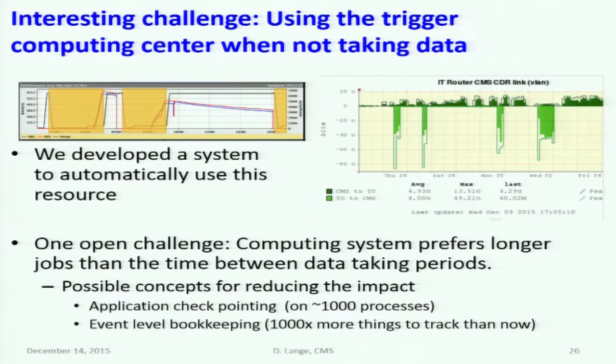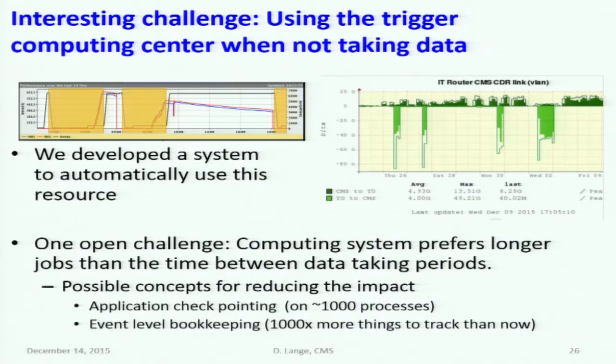So basically asking 10,000 processes, stop, save your state, such that I can get it back later, but do that very quickly, in a few minutes. The other way to improve our efficiency would be if we could do event-level bookkeeping. That's to say, knowing how to keep track of where 1,000 events per second, over a few years, all those events are at one time.